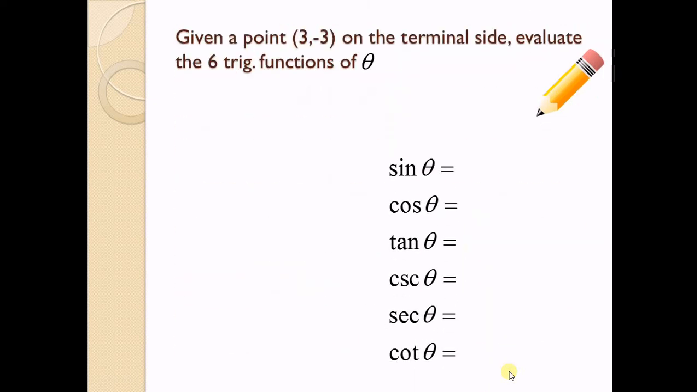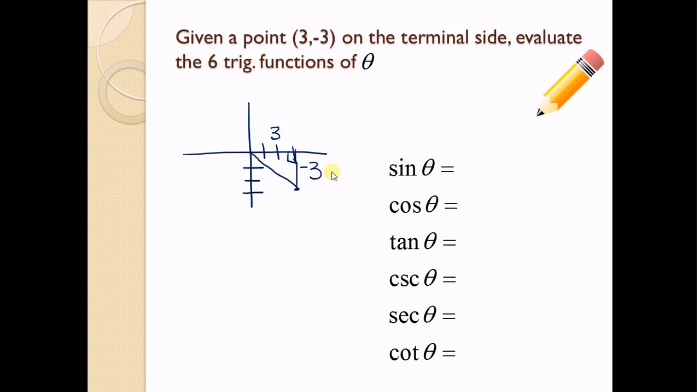Let's try this again. So I have 3, negative 3 on the terminal side. I'm going to evaluate this. So graph that point, 3, negative 3. Right there. Connect from origin to dot, dot to x-axis. Please always make sure it's the x-axis. So my sides are 3 and negative 3, right? And then what would be my hypotenuse?